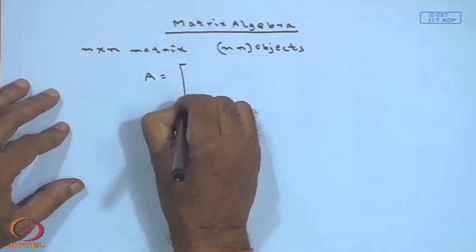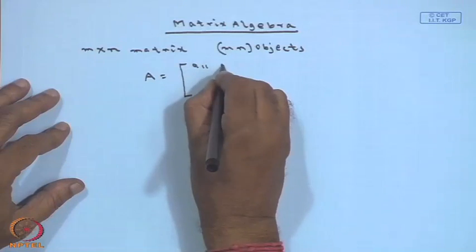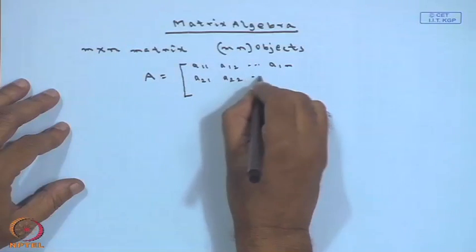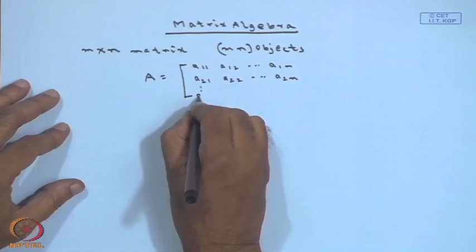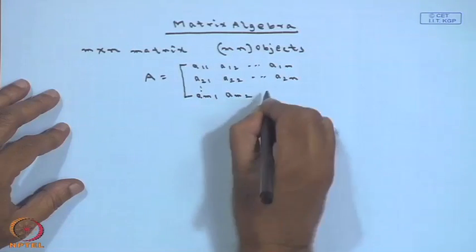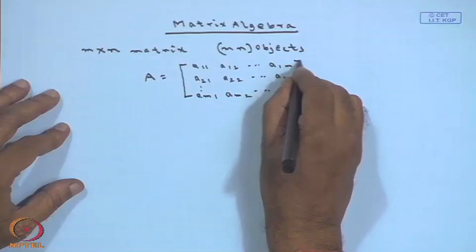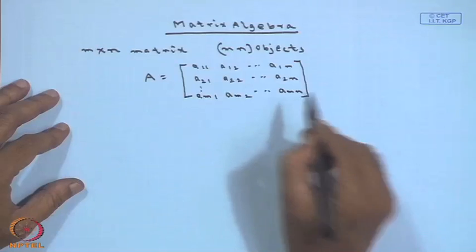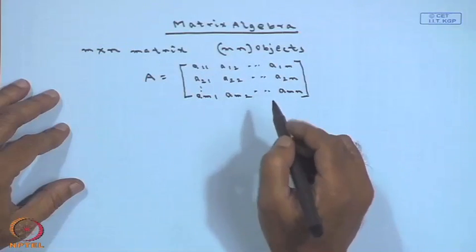We write it in the form: A11, A12, up to A1n, A21, A22, up to A2n, and Am1, Am2, up to Amn. So, we have a total of mn objects.